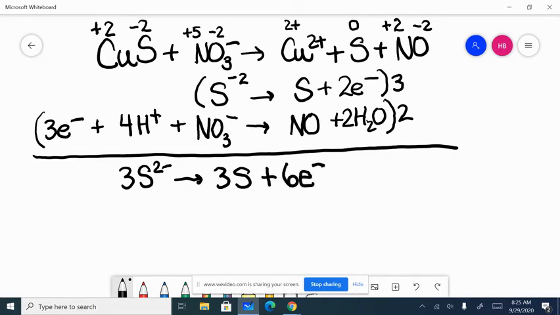Make sure you distribute that 3 throughout the entire reaction. Now I'm going to make sure I distribute that 2 to the second one.